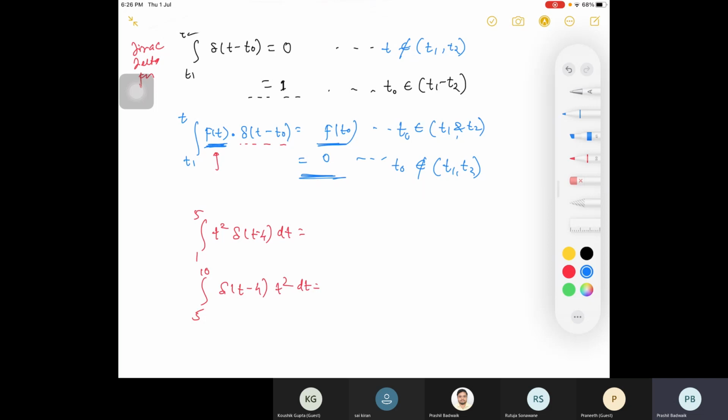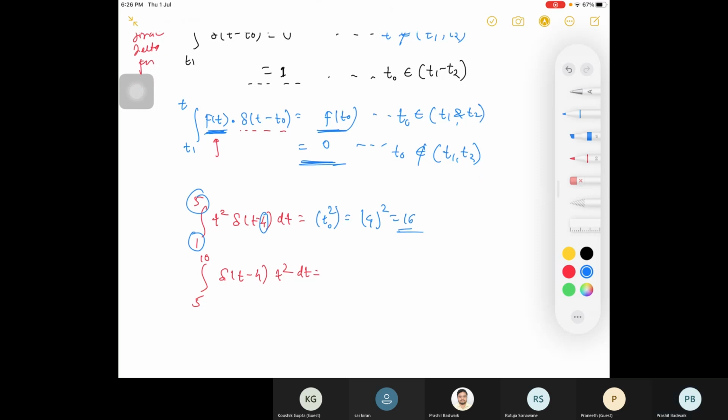In the first case, your 4 lies between 1 and 5, so you will have a value, and that is t square at the point where you need to find it. That is 4, so it is 4 square, that is 16. In the second case, this 4 does not lie in this interval, so you will have 0 value. Whenever you integrate, you will not find the curve, you will not find your area. Okay, these were the properties of the Dirac delta function.